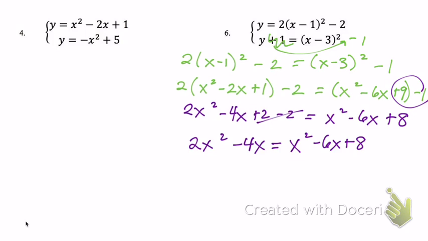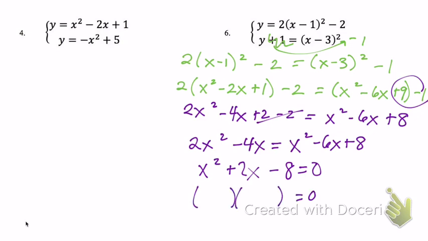Then I want to move everything to one side. So x squared plus 2x minus 8 equals 0.